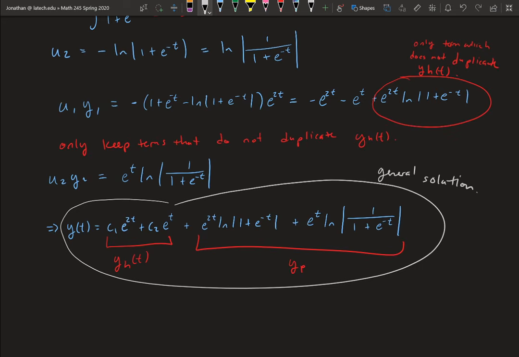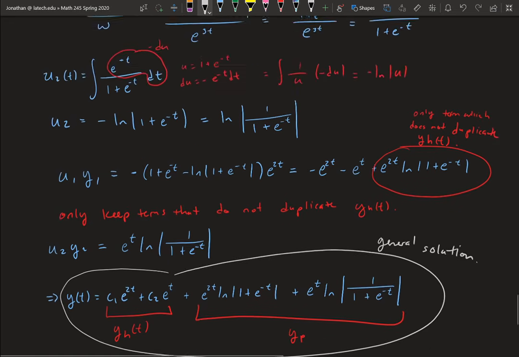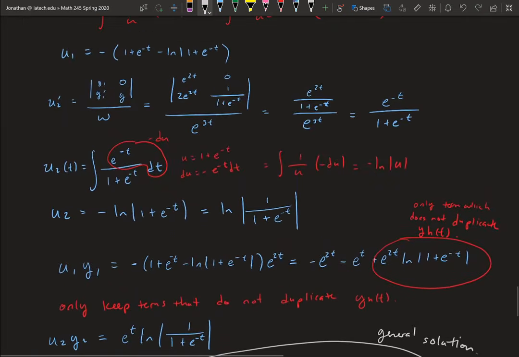And that's our general solution, so we don't have any initial conditions. If we did, we'd have to... shoot. The Wronskian's negative. You're right. Thank you. So let me see what changes. Negative, negative, negative, negative, positive.